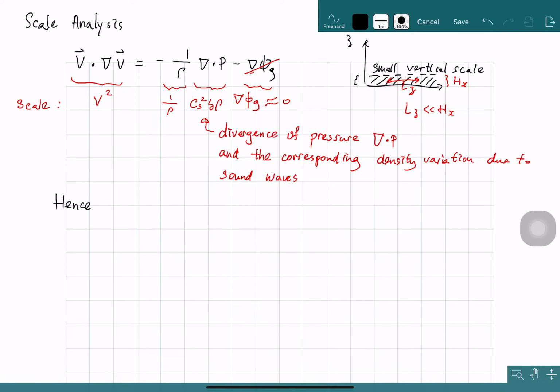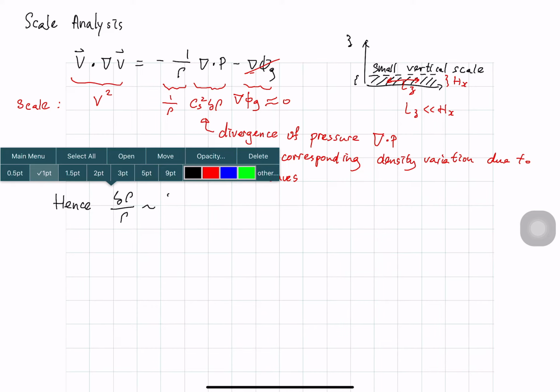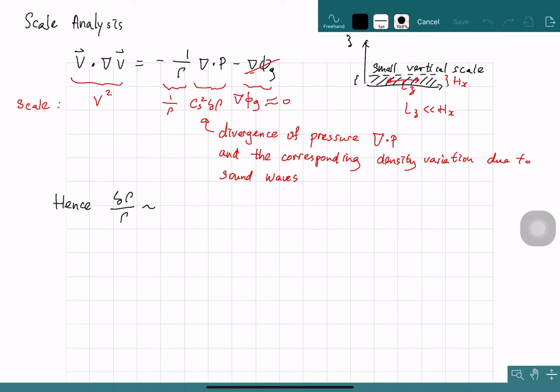So now we can do the scale analysis. We have crossed out the second term on the right. So we have the change of density over density, right? Here and here, the terms on the right, equal to V squared.